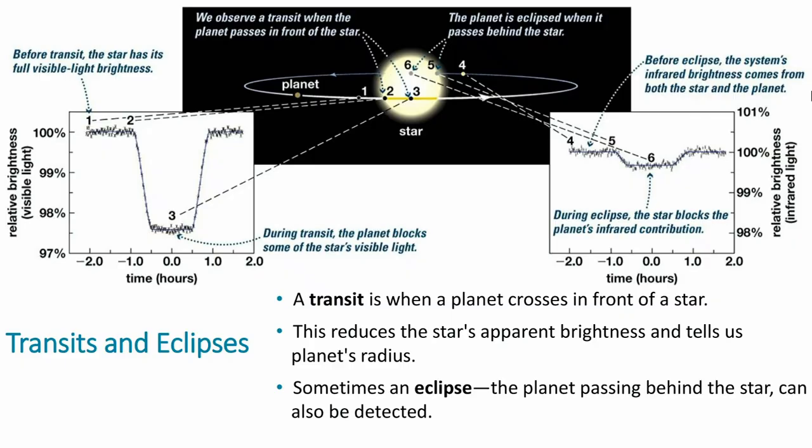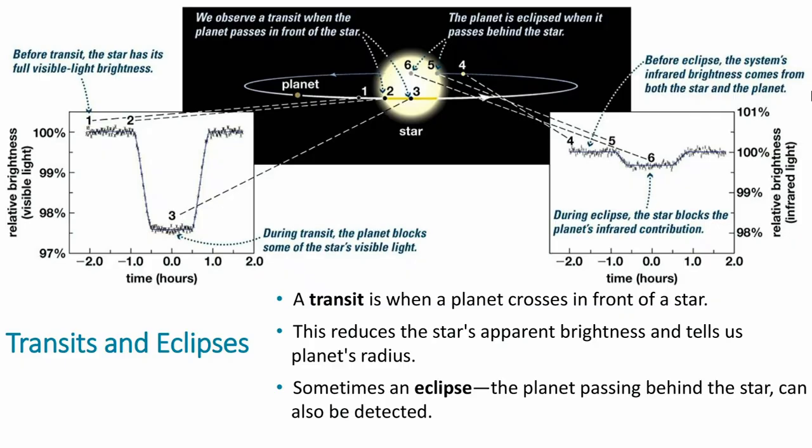The technique that we use to find this pattern is you just point your telescope at a star and you take a bunch of data, and over the course of, say, weeks or a year, if you take a data point every day, then there might be some days where there's a few % less light coming from the star.